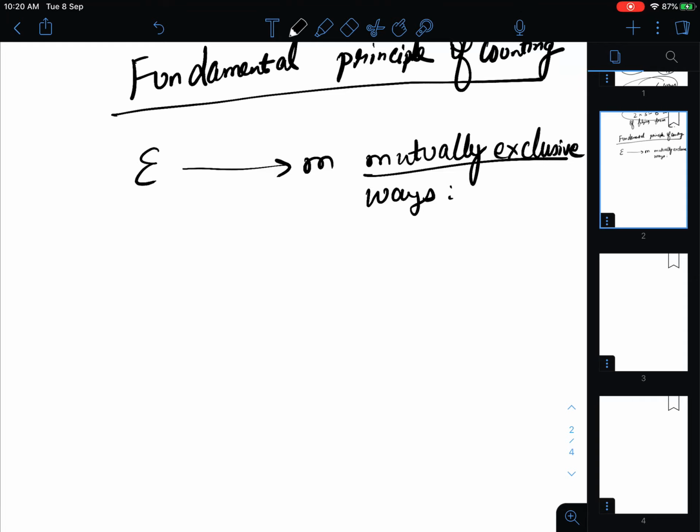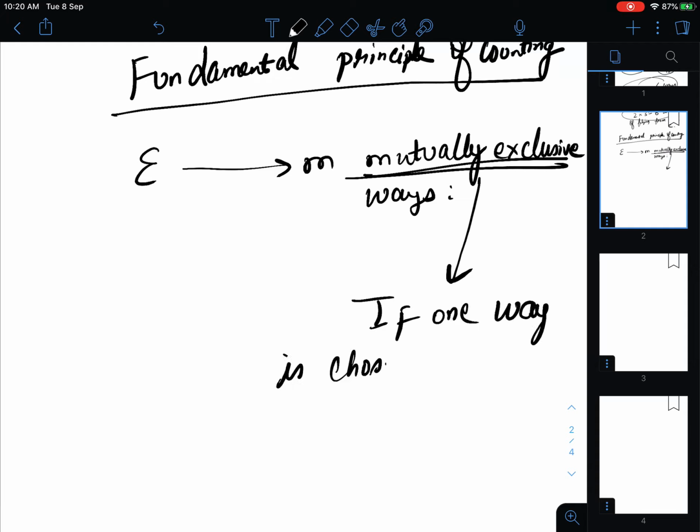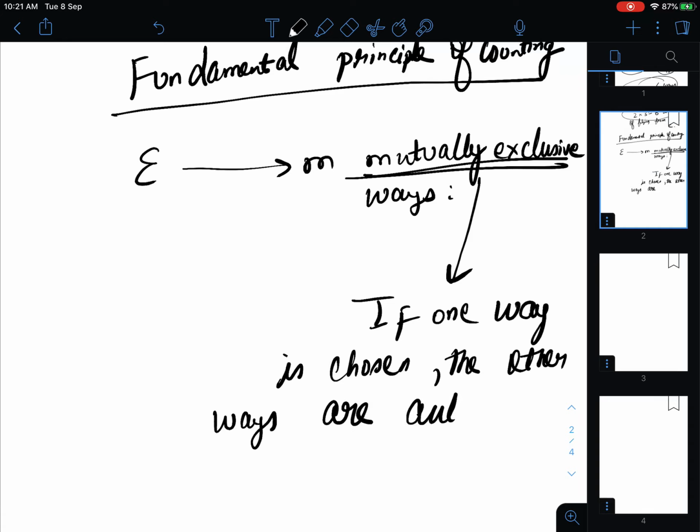Mutually exclusive means that if one way is chosen, the other ways are automatically not chosen. So this is what is meant by mutually exclusive.